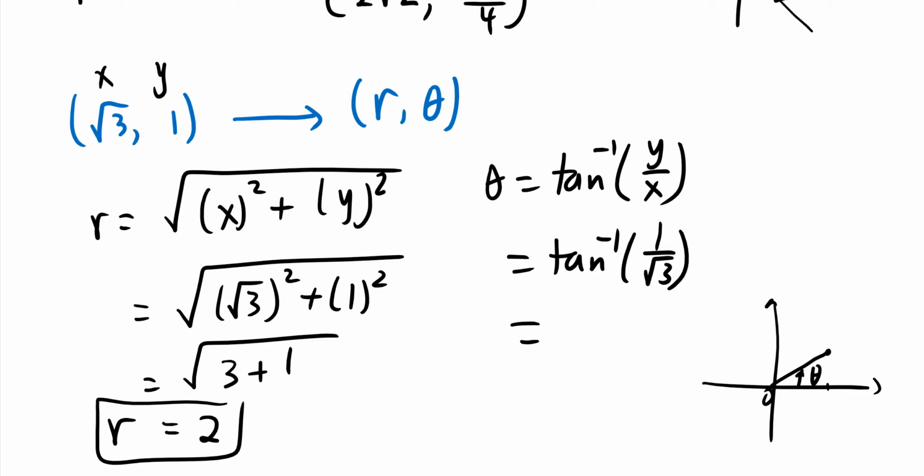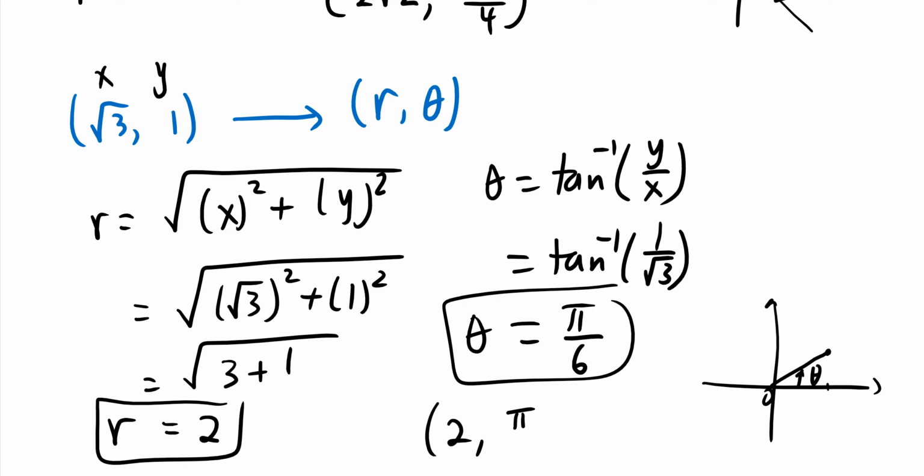So what's the angle? Its tangent is 1 over square root of 3. That would be the one with sine 1/2 and cosine root 3 over 2. And that would be 30 degrees or pi over 6 radians. So that's theta. So that point becomes 2 comma pi over 6.